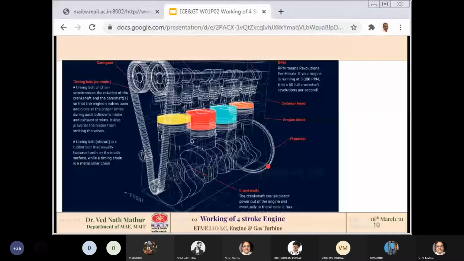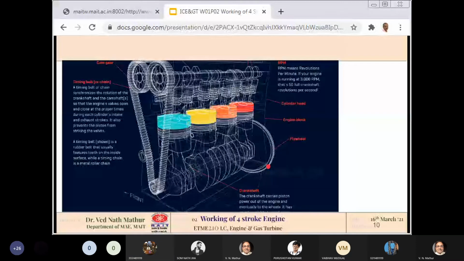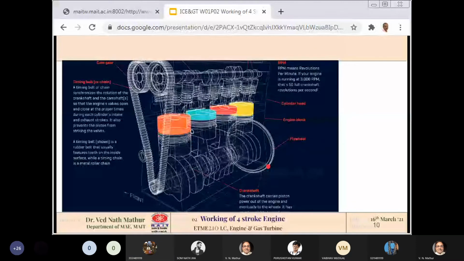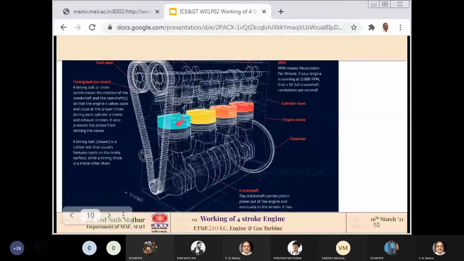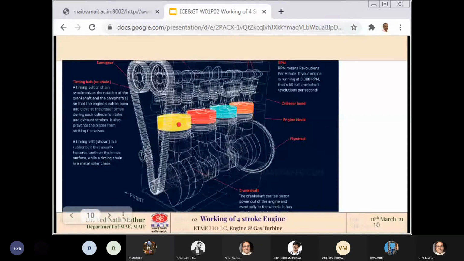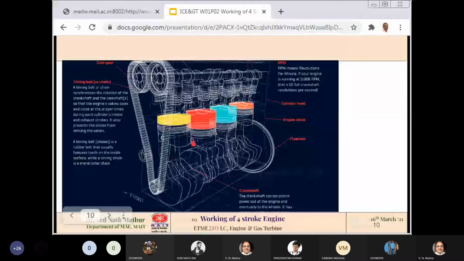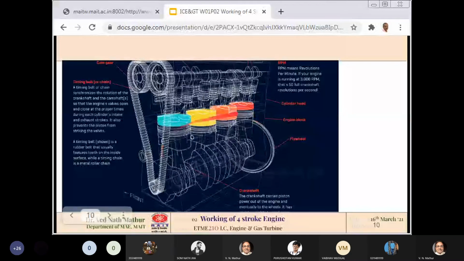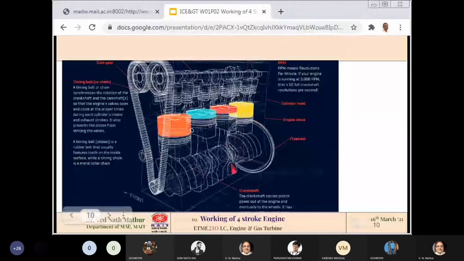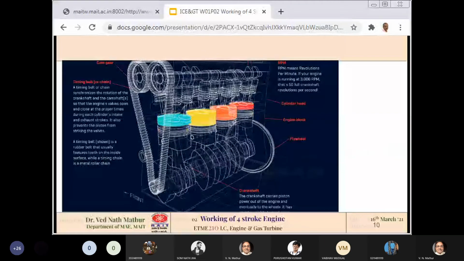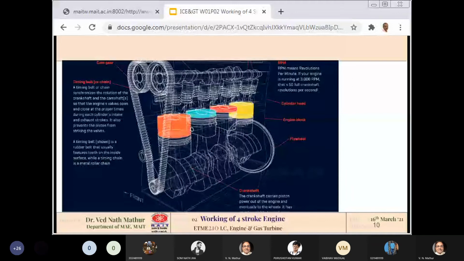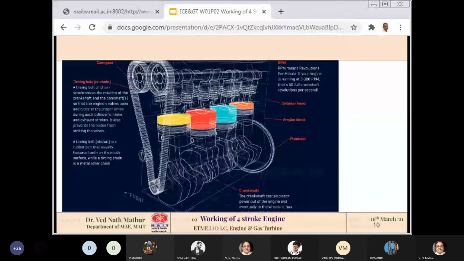What is that? 16 valve DOHC, double overhead camshaft. 16 valves means 4 valves per cylinder. You multiply this by 4, you will get 16 valves. So this engine can be called 16 valve double overhead camshaft. And then you can add a few more words. We'll be studying about those in detail, like VVTI, and these words are written when you see.